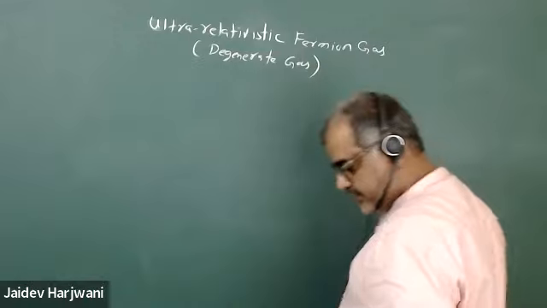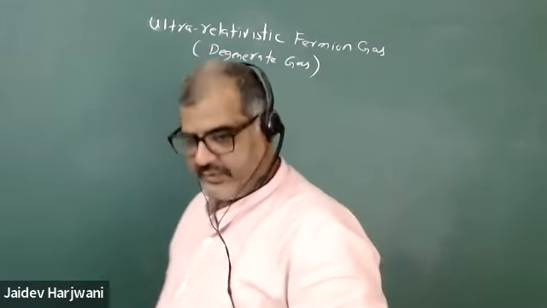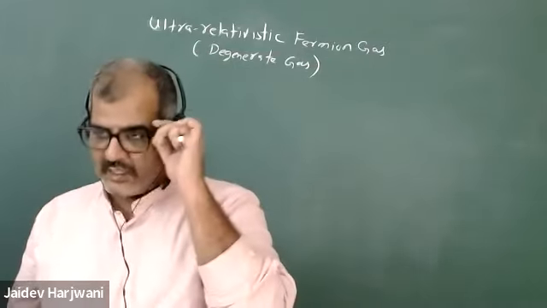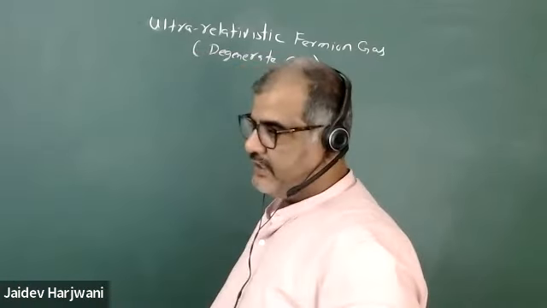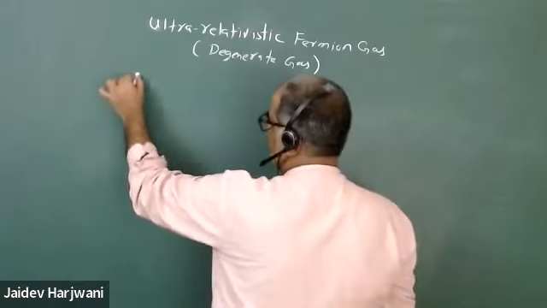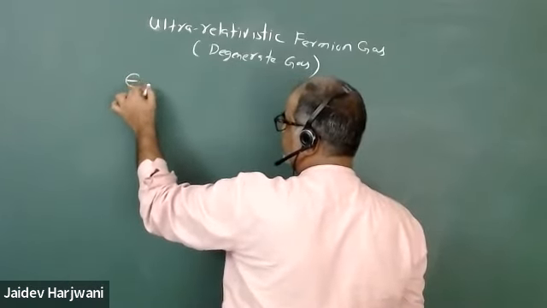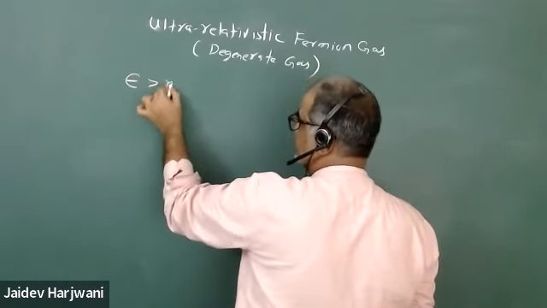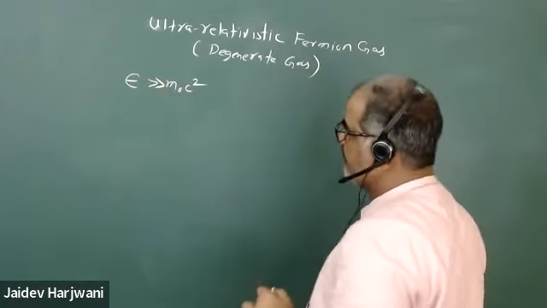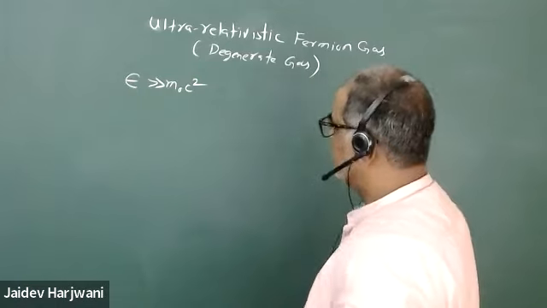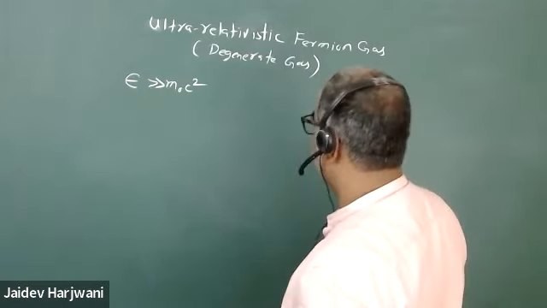So ultra relativistic means when the energy of the electron is extremely high, such that its total energy becomes greater than its rest mass energy. Those are called extreme limits or ultra relativistic limits.